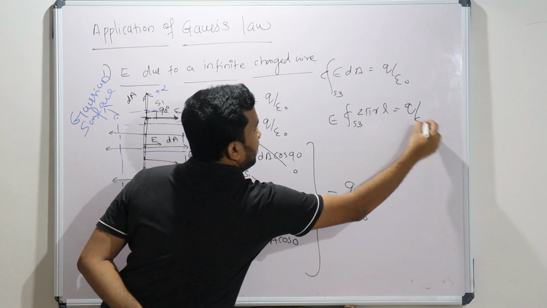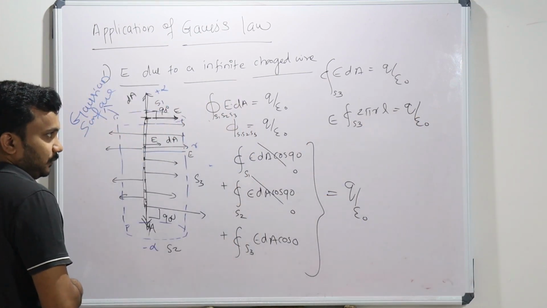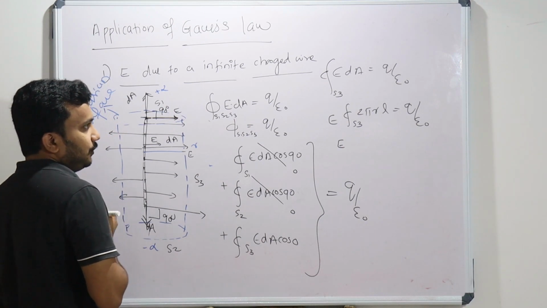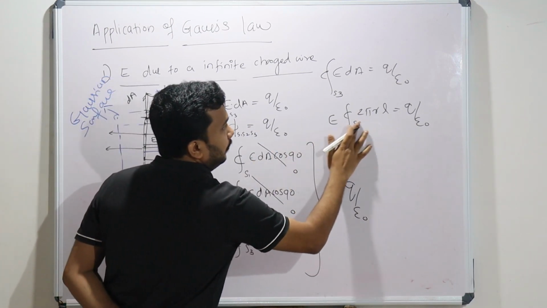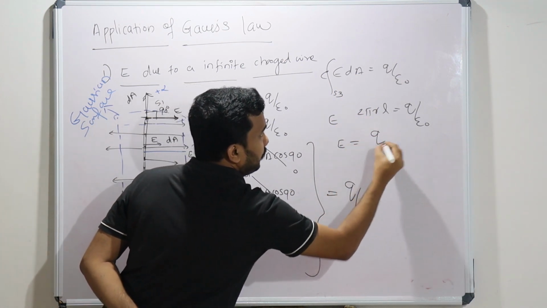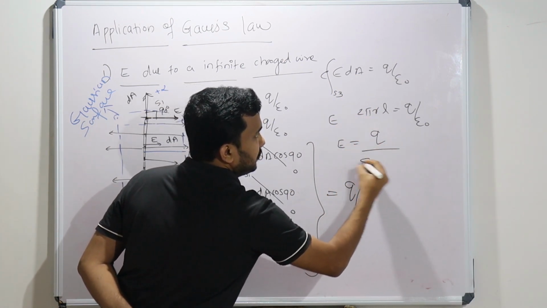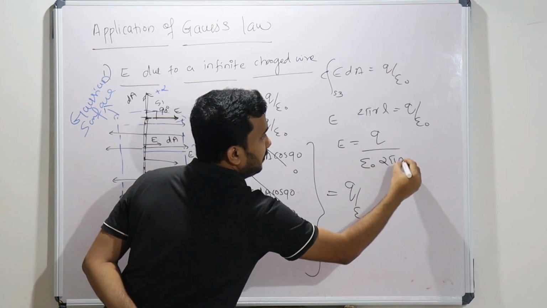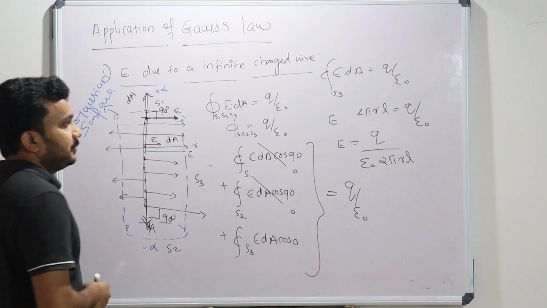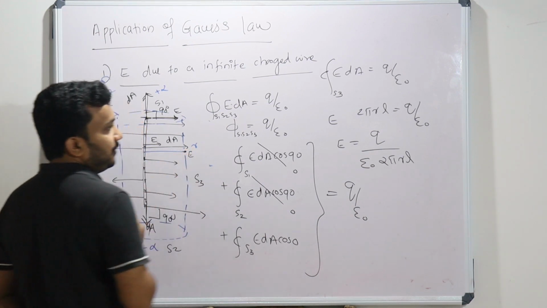Equal to Q divided by epsilon 0. So E will be equal to, the integral of dA we got as 2 pi rL, so E will be equal to Q divided by epsilon 0 into 2 pi times rL.